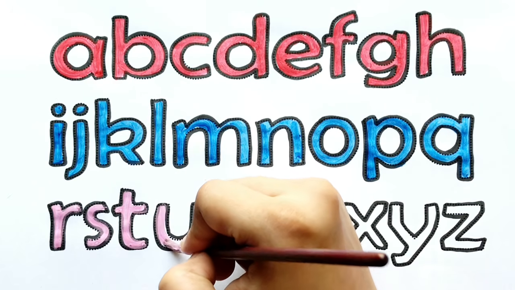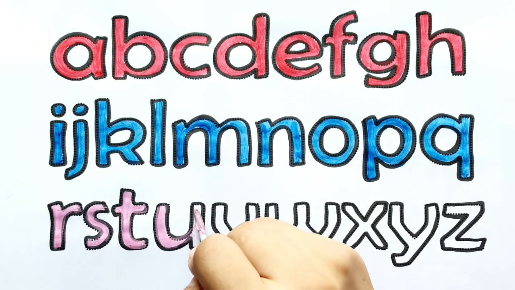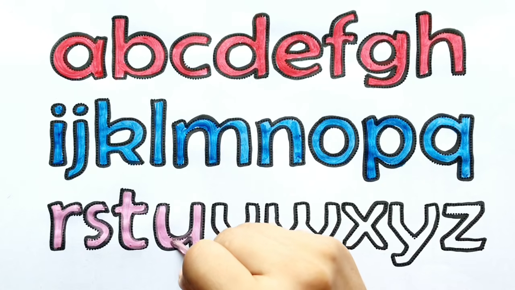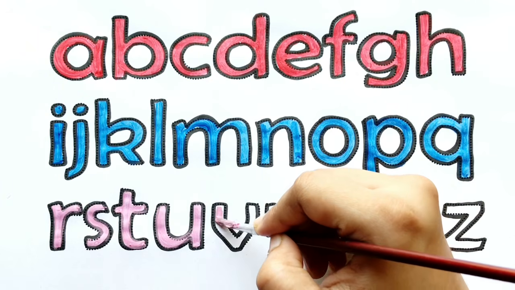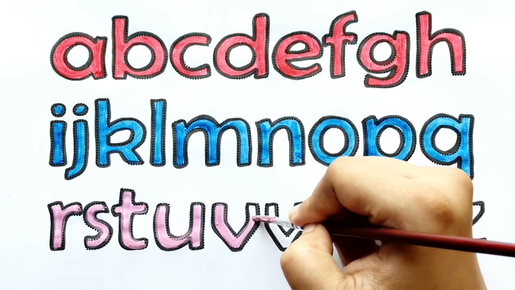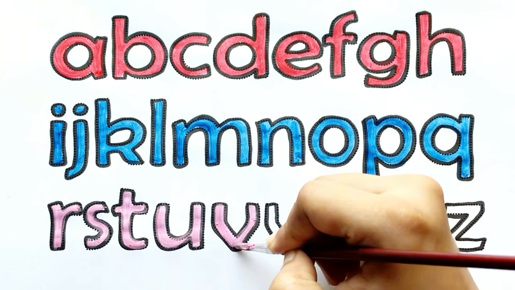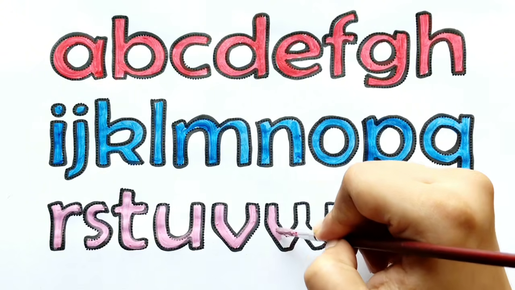U for unicorn. V for violin. W for water.